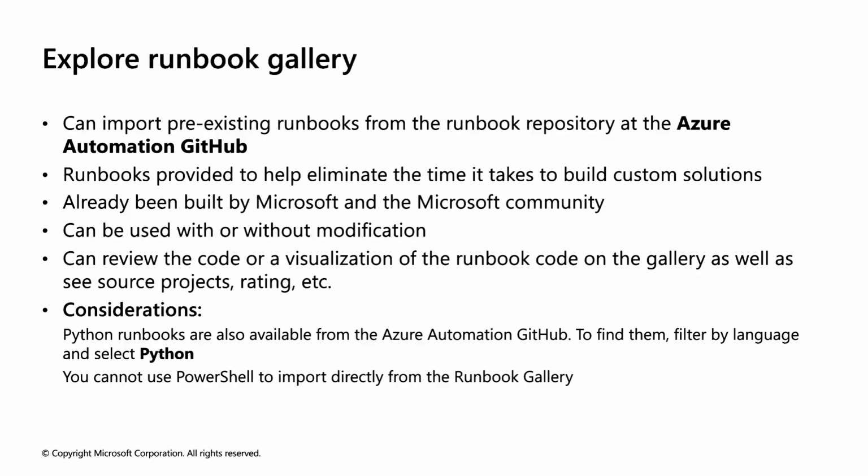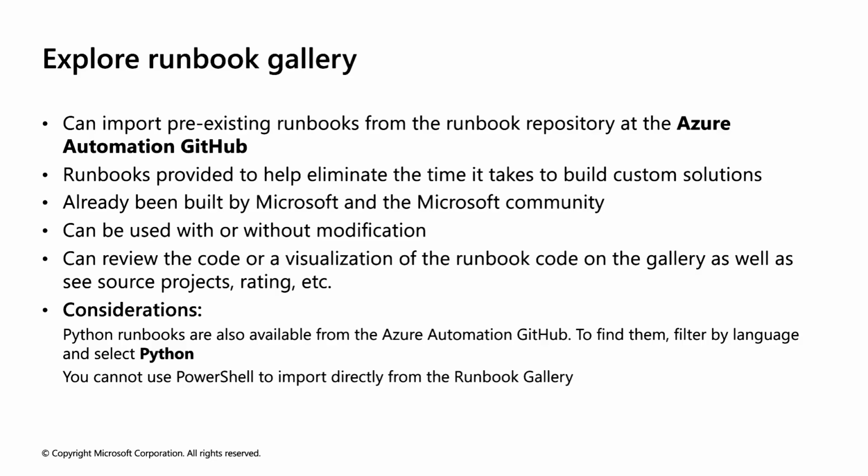When working with Azure Automation, the runbook gallery is a fantastic resource for accelerating our automation projects. Instead of building every automation script from scratch, we can import pre-existing runbooks from the Azure Automation GitHub repository. These runbooks have been created by Microsoft and the broader community to help eliminate the time and effort needed to develop custom solutions.